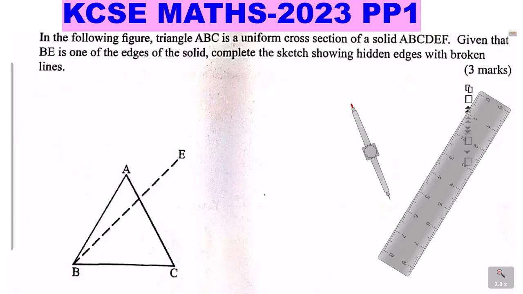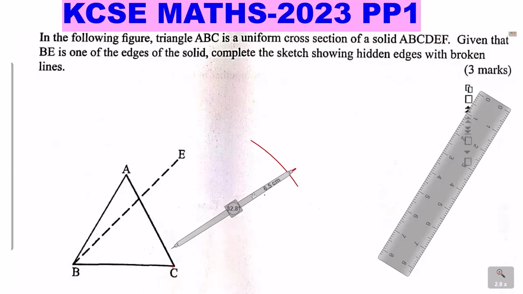So take the pair of compasses and you're going to first take the measurement BE. Then because on the opposite side you need the same measurement, you stand at C with that measurement, and then you mark an arc there, so that we are getting this edge that will be here, opposite BE.